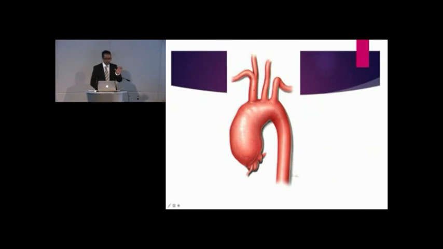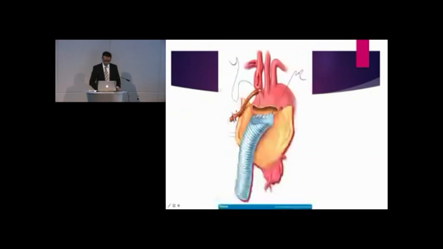We use here a Seldinger technique like a femoral line, as you insert a femoral line. And we insert like a 14 or 12 French sheath or cannula inside that innominate, and then you can start your antegrade cerebral perfusion.